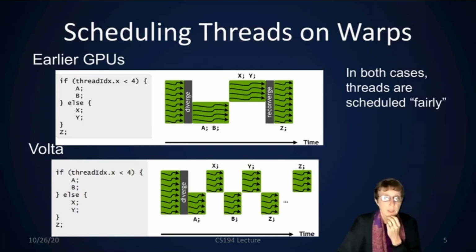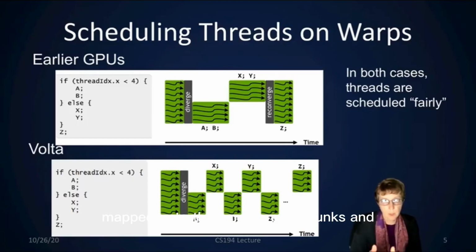So what happens when we take a bunch of these threads and we've got some code that has a conditional in it? Well, these threads are going to be mapped onto the hardware in chunks, and you've got a fixed amount of hardware resources.